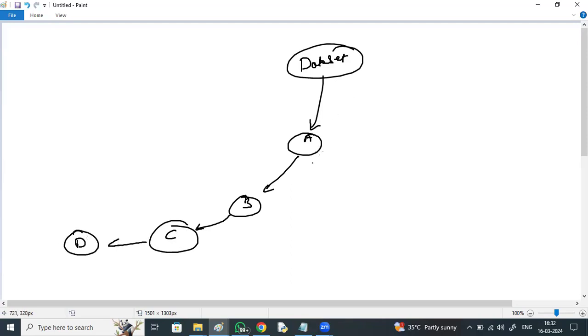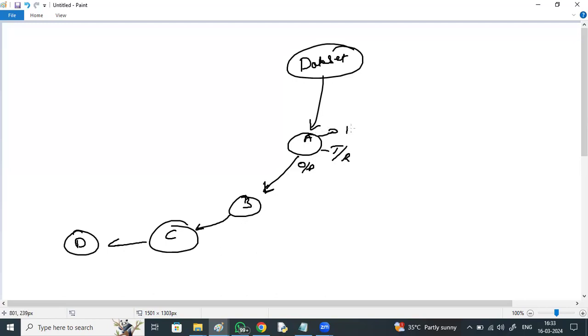Means from the data set, A is created. On that A, you apply some transformation, and the output of this transformation is B.